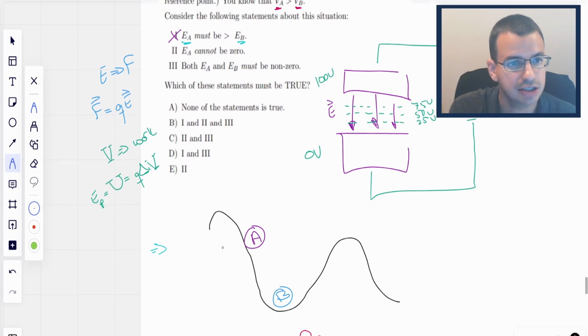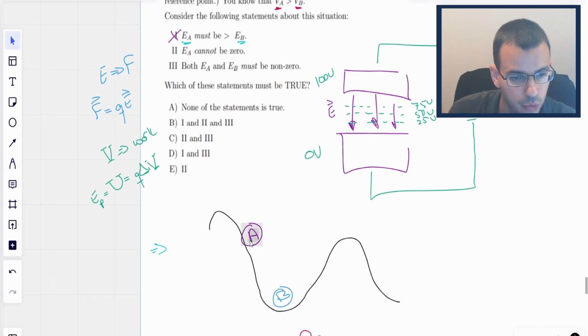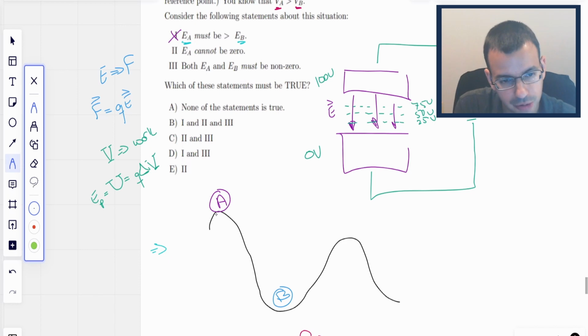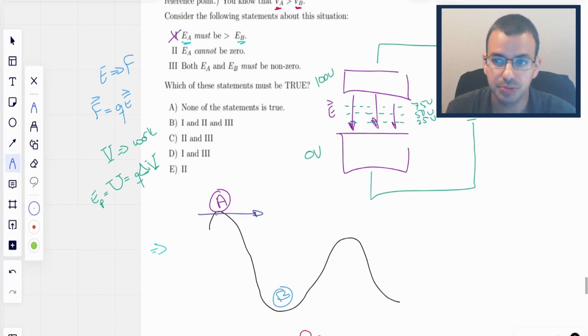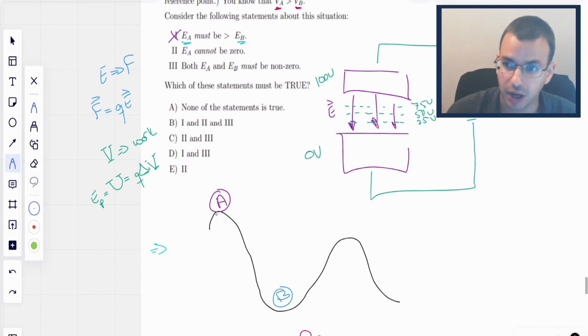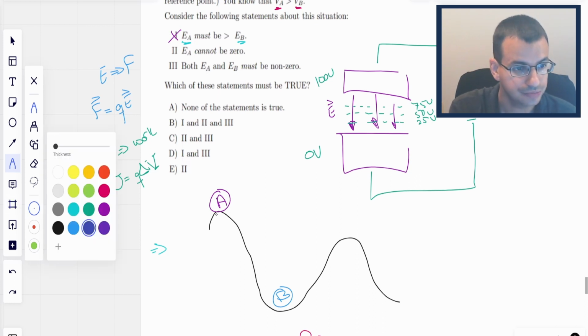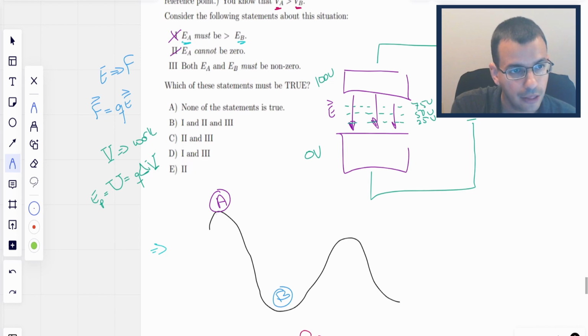Then let's look at the second one. Electric field at A cannot be zero, not true. We could be at the top of the hill right here, in which case the slope would be horizontal, which means the slope would be zero. Rise over run is slope, change in y over change in x. So the change in y is zero, slope is zero, and the electric field, using this analogy, is also zero. So also false.